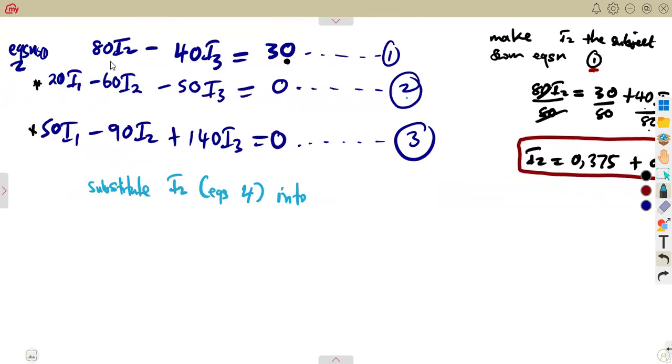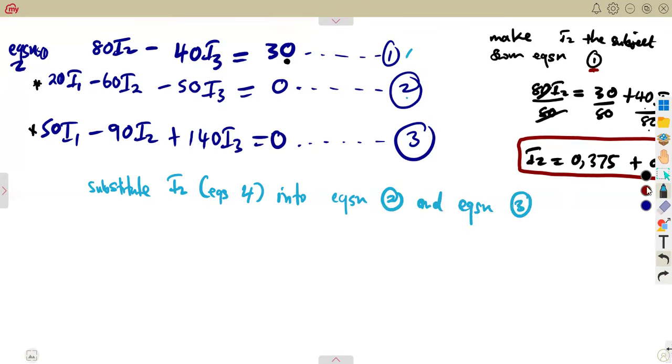Remember, you made it the subject from equation 1, so you substitute into the ones that are remaining now.